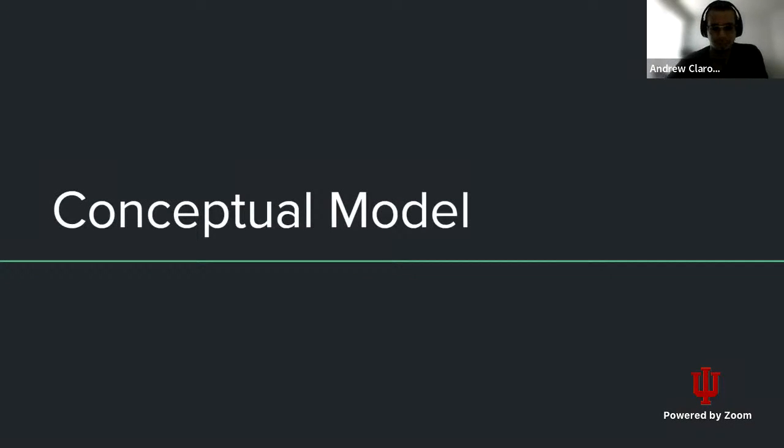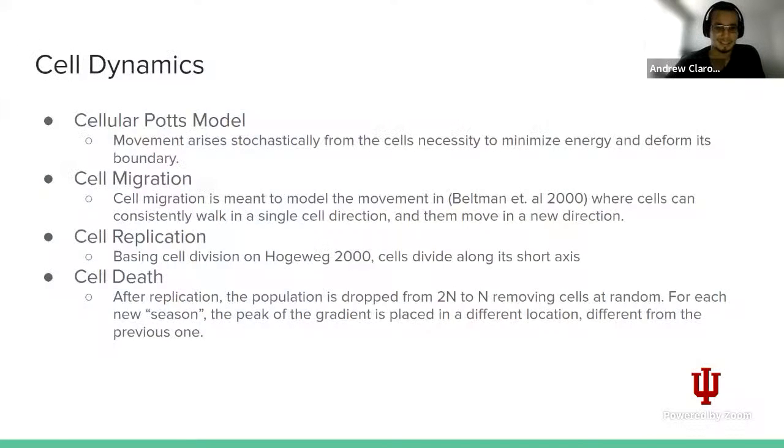And yeah, so now the conceptual model. So they're implementing the cellular Potts model, and we're going to do that with CompuCell. There's the cellular migration where, based off of Beltman et al., a cell can walk consistently in a single direction, but then it will stochastically move to another one.